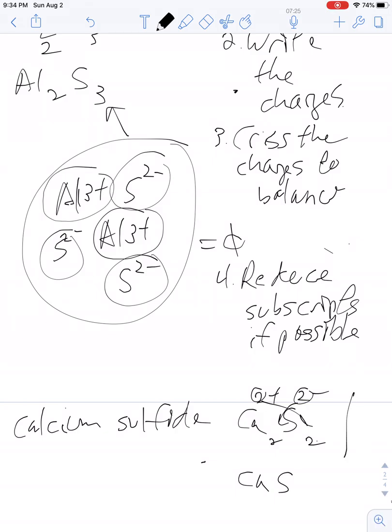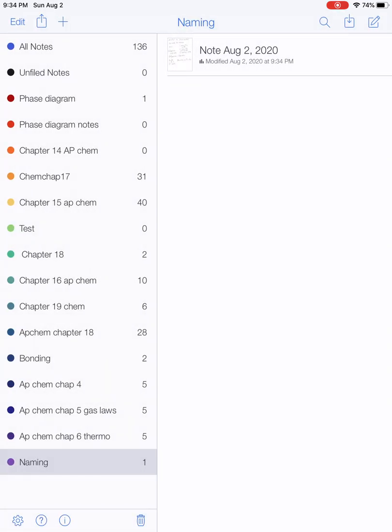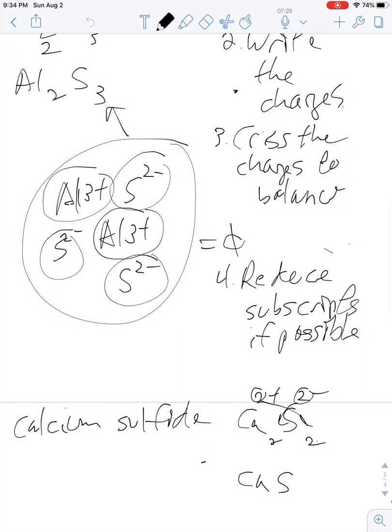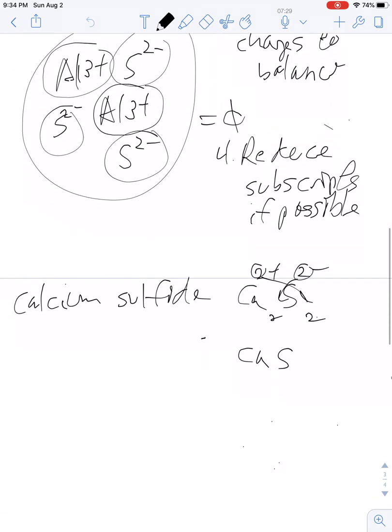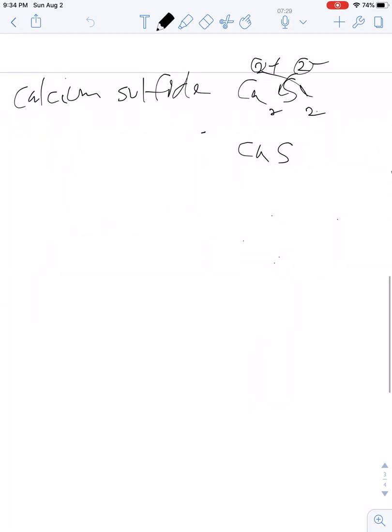Shoot. I can't scroll down for some reason. There we go. Alright, sorry about that.